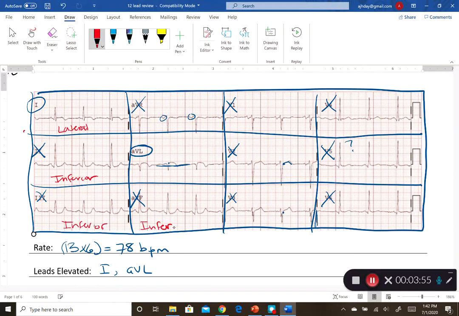My inferior is that bottom left-hand corner. It's my inferior wall of my heart. AVL goes with lateral. My V1 and V2 show my septal wall. My V3 and V4 show anterior wall. And V5 and V6, lateral.